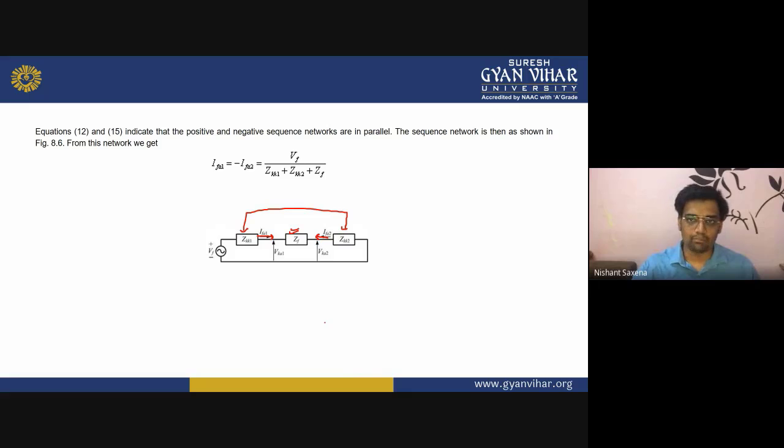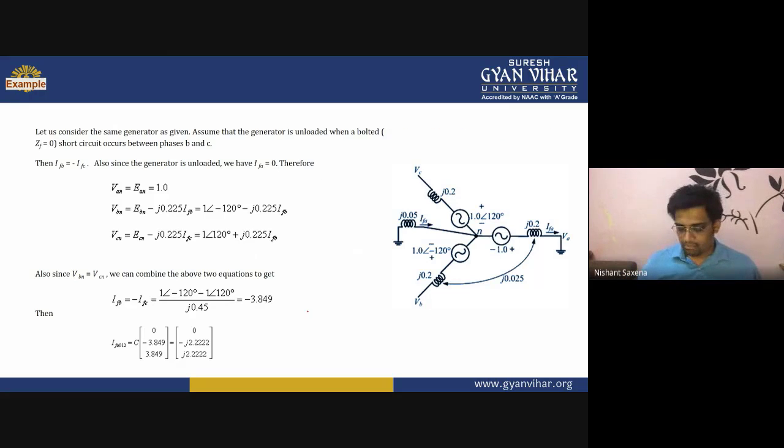Now let's see an example of how to do this. Look at this generator. Assume an unloaded generator in which a line-to-line fault has occurred between phases B and C, and it is a bolted short circuit, which means ZF is equal to 0.